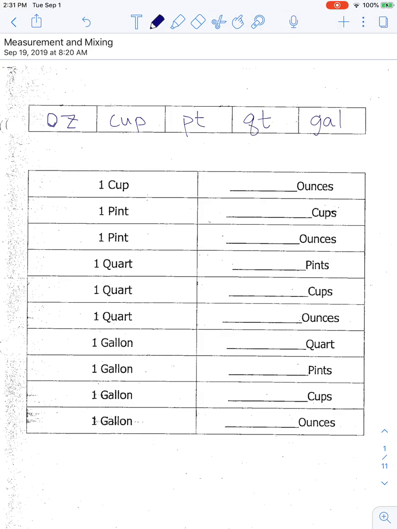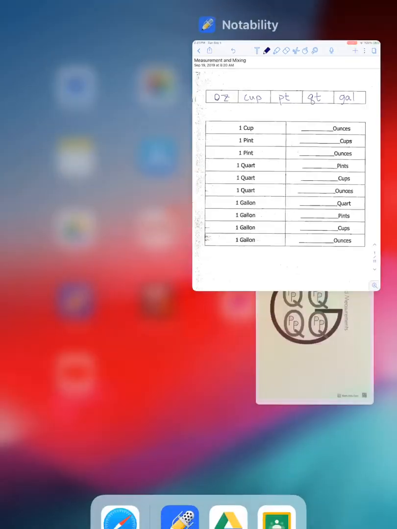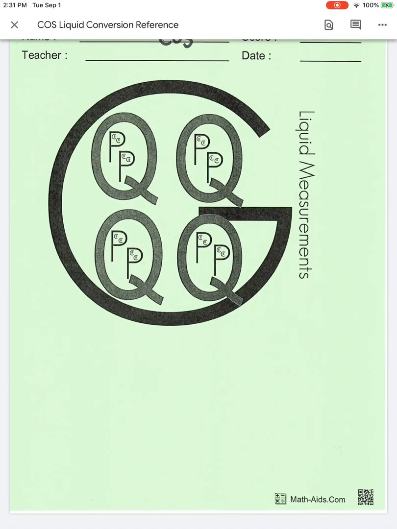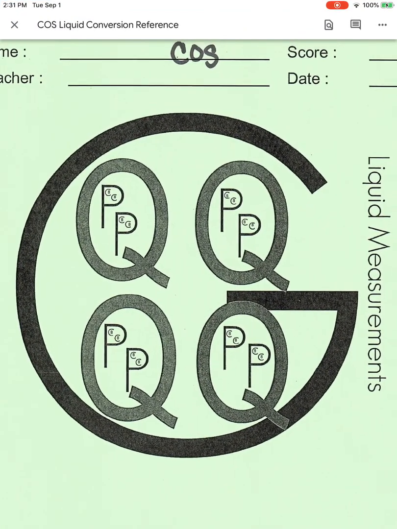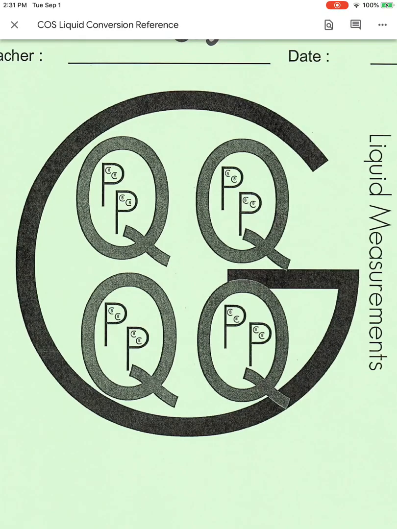One thing I'm going to show you is this document. This is a cool little picture that you can see that in a gallon, that big G, there's 4 quarts. Do you see the 4 quarts?